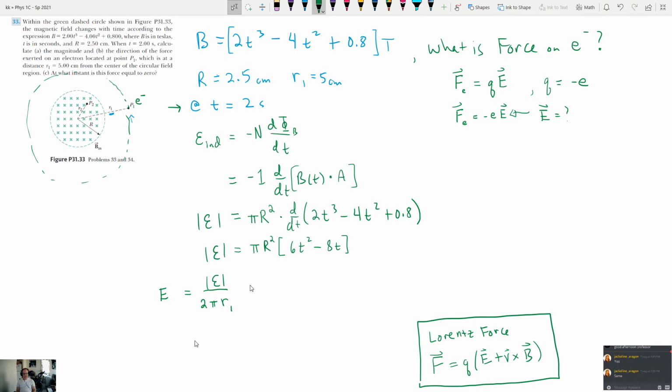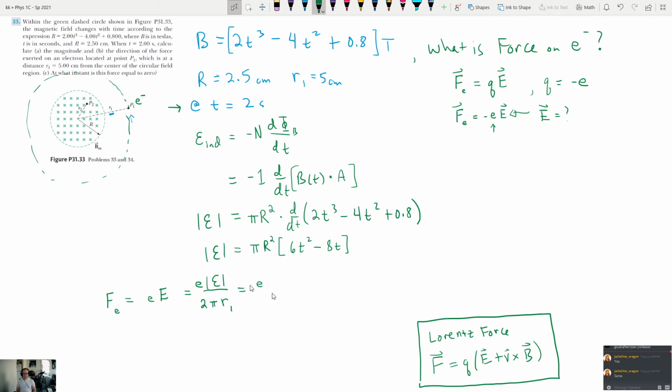And then we can skip another step if we want to now, because we can take the value of the electric field here and say that this can give us force if we just multiply by the electron charge. So the electric force is going to be equal to e times E. We'll do the direction at the end. The direction is going to be easy for us to figure out, kind of. It's actually not that easy in this case. So Fe is e times E, so it's going to be e times this, right?